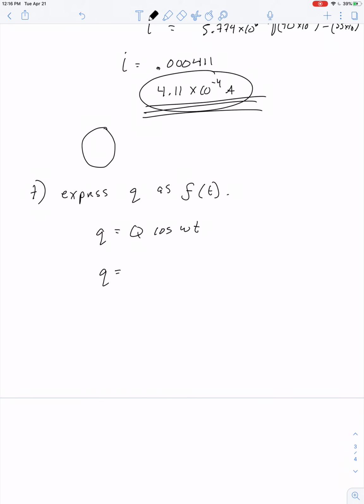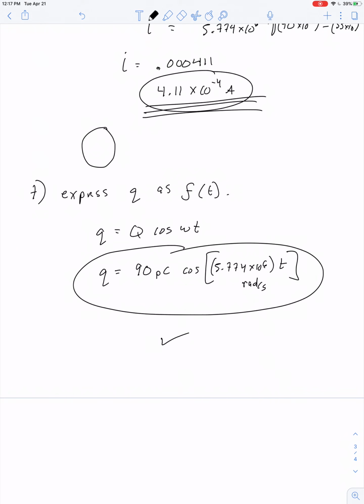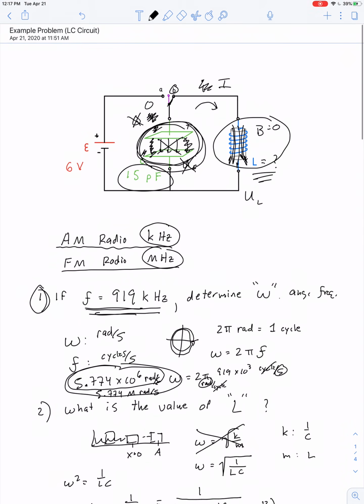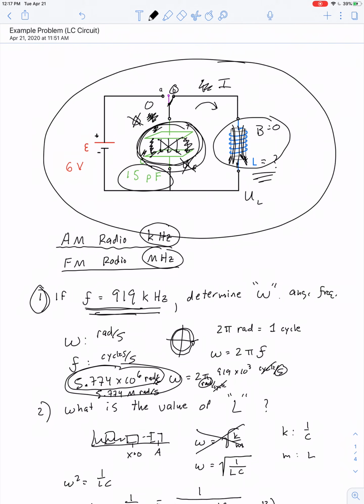So this is just going to be equal to 90 picocoulombs times cosine of 5.774 times 10 to the 6th radians per second multiplied by t. Simple enough. Don't have to do any more than that. So there's an example problem of how we might apply some numerical values to the behavior of the LC oscillating circuit.